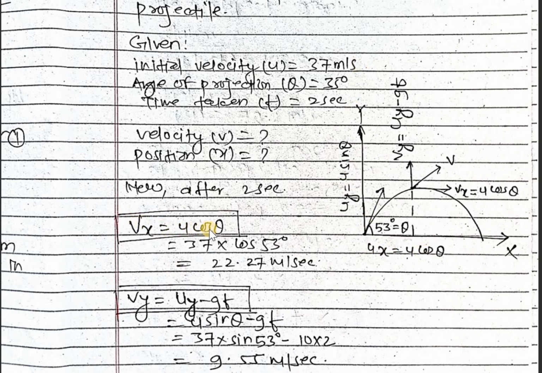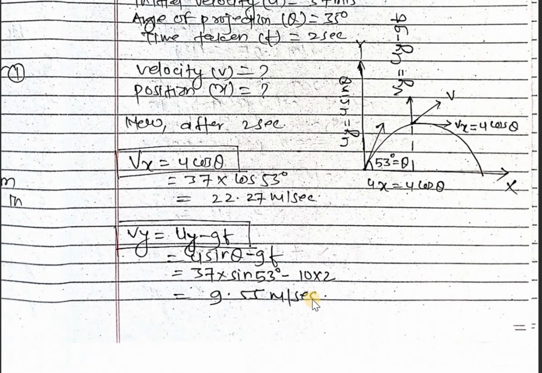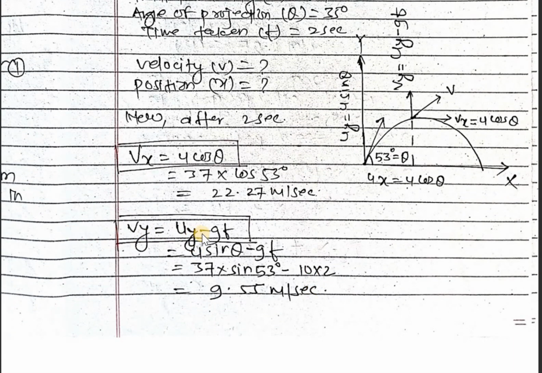So vx equal to u cos theta, 37 into cos 53, that is 22.27 meter per second, and vy equal to uy minus gt. So the value of uy is u sin theta minus gt, that is 37 into sin 53 minus 20, 9.55 meter per second.